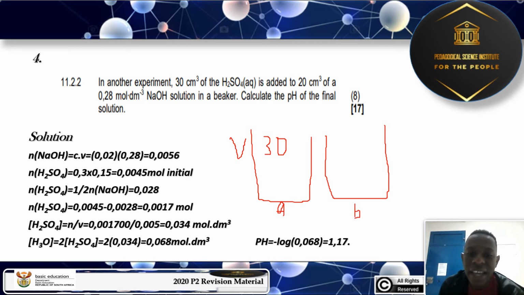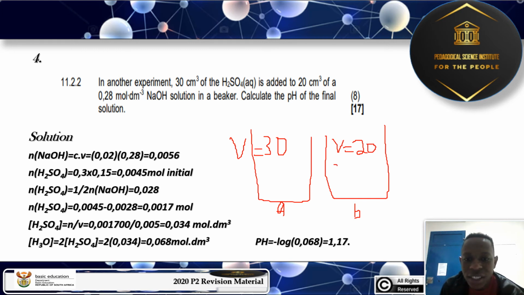Yeah, 30 centimeter cubic of sulfuric acid is added to the base. The base to which the sulfuric acid is added has what? You have 20 as volume.